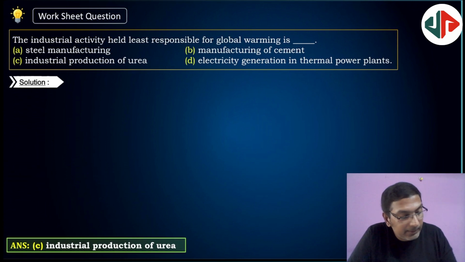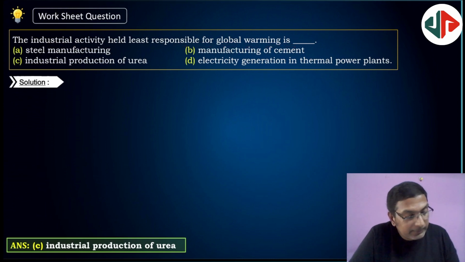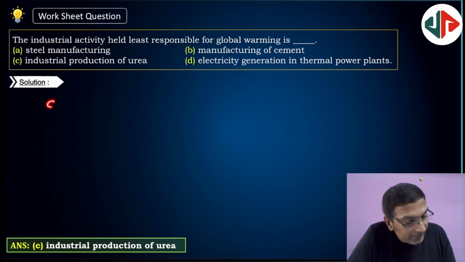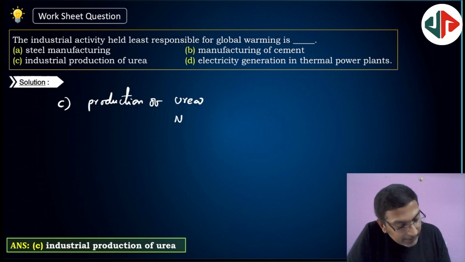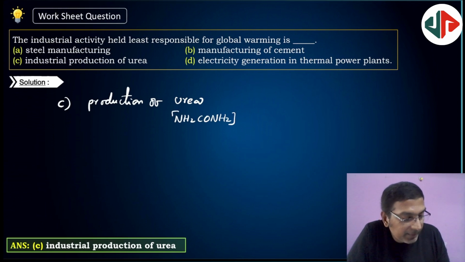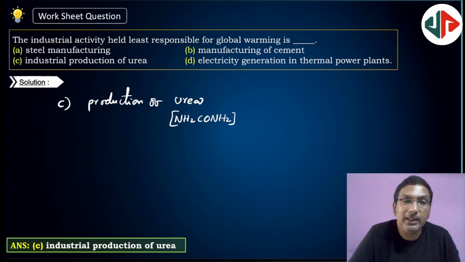the industrial activity held least responsible for global warming is. That means in which case global warming will be minimum. So in option C, production of urea. Urea is NH2CONH2. It can be prepared from ammonia and CO2.